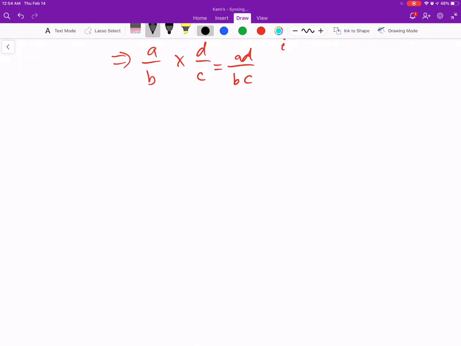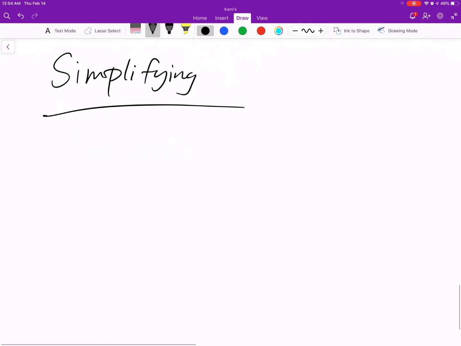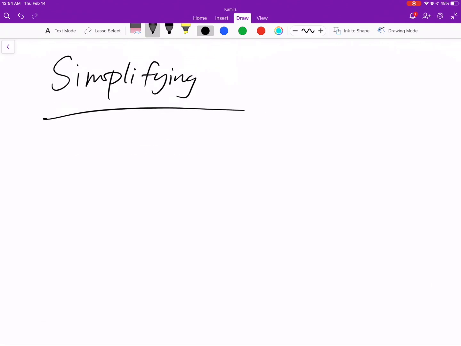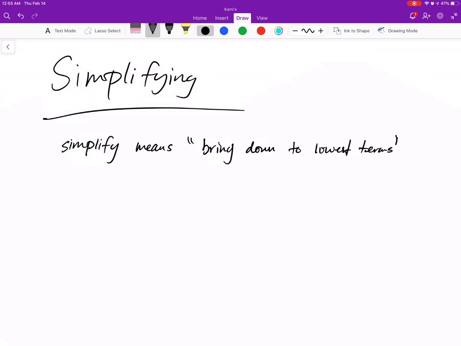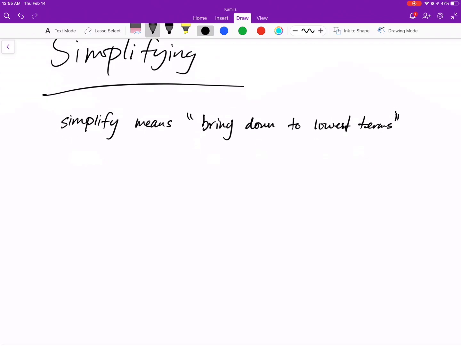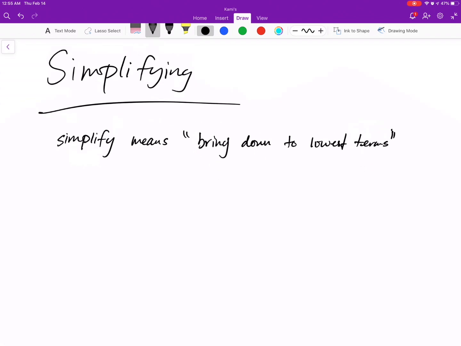Now we must talk about something called simplifying. Simplify means to bring down to its lowest terms. And it's just something crazy like I have 10,024 over 2048.